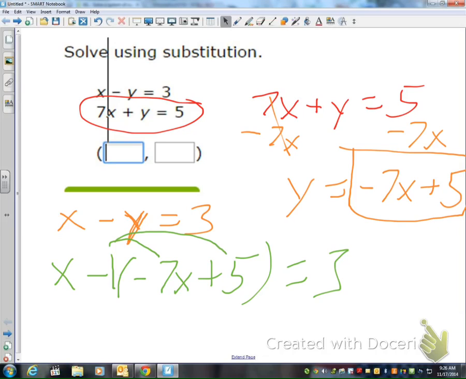So I'm going to multiply negative 1. And the nice thing about multiplying by negative 1, all it's going to do is change that sign and change that sign. Okay, so if you have minus something in parentheses, all that's going to happen is you're going to change all the signs. So I end up with x plus 7x minus 5 equals 3.